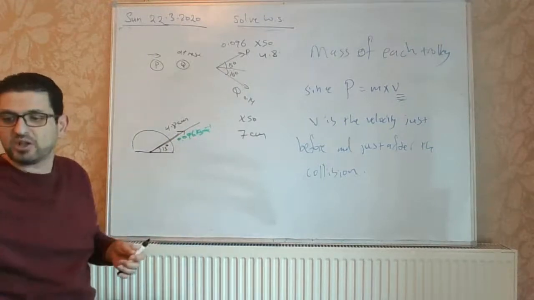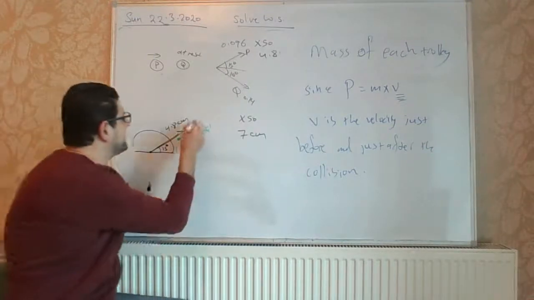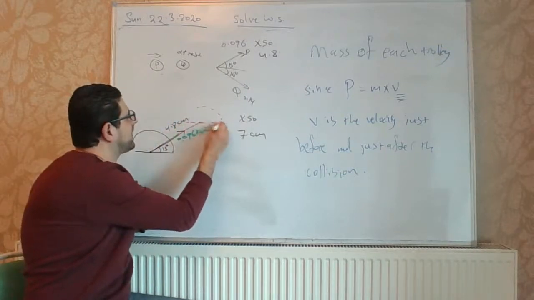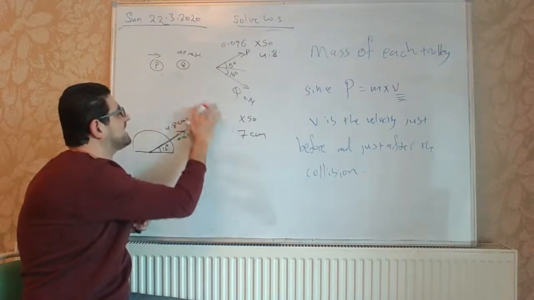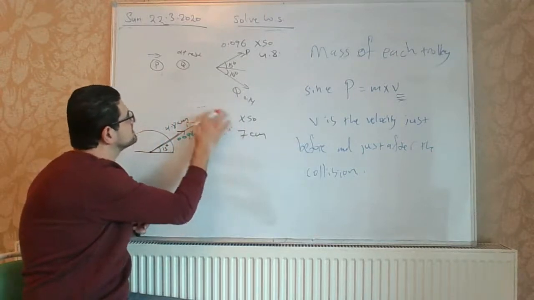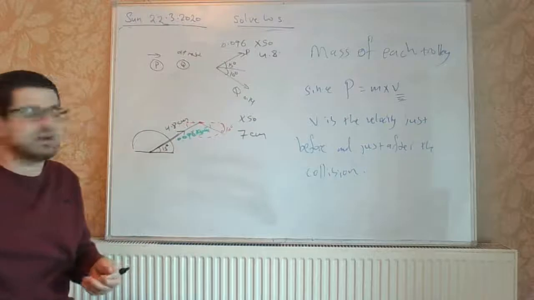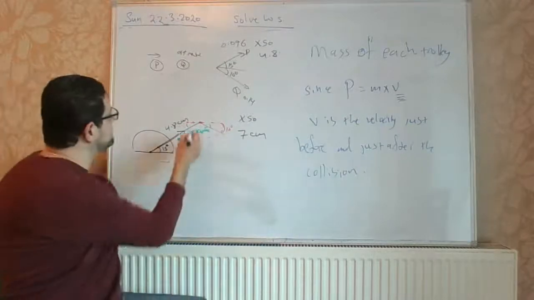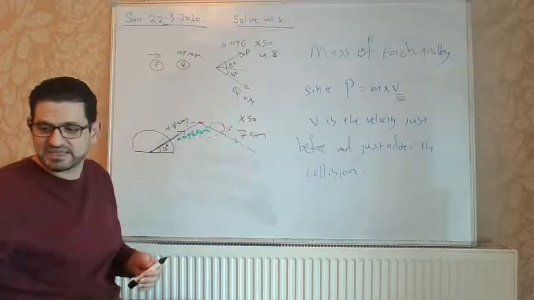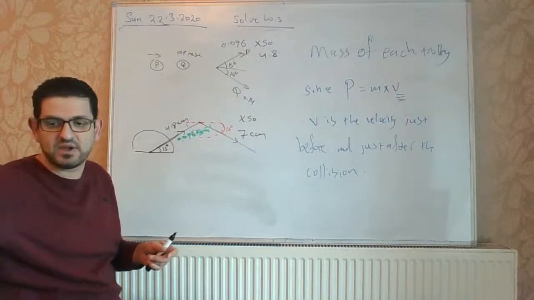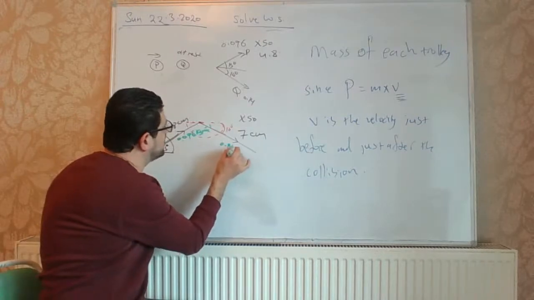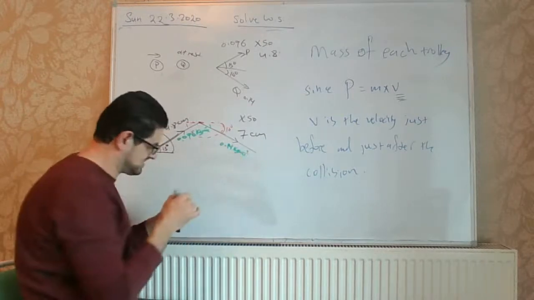Now I put the protractor again here, sorry, lower, for the 10 degree angle. This is 10 degrees. Now I draw another 7 centimeters. I don't name it 7 centimeters, I name it 0.14 kilogram meters per second.